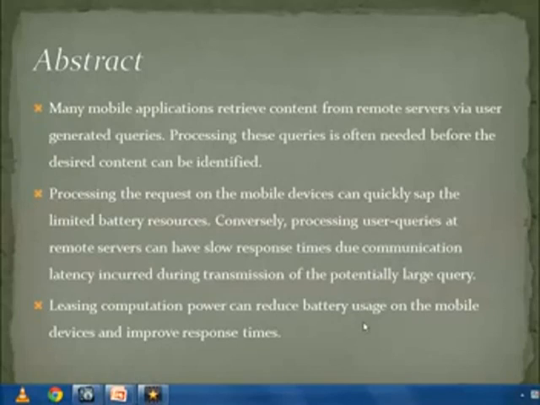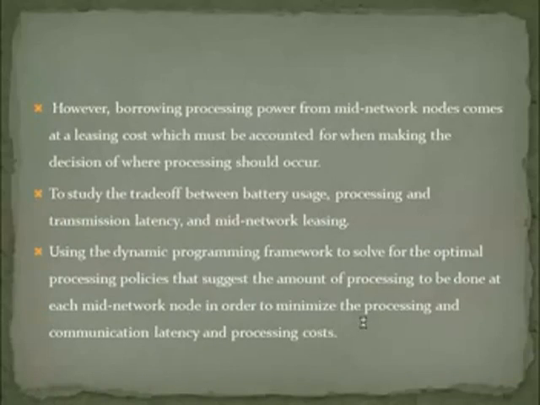To overcome the communication latency and battery usage, we will use mid-node processing through leasing servers. However, borrowing processing power from mid-nodes involves a cost due to leasing servers at mid-nodes and allocating memory for caching.